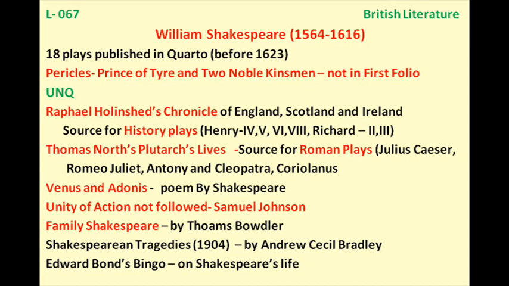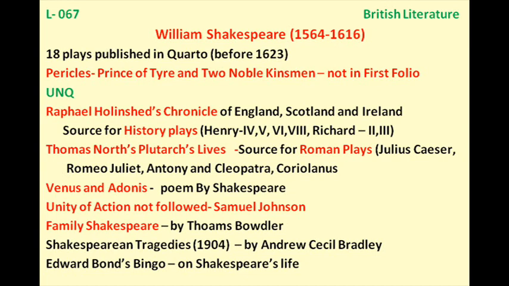Which were the 2 plays not included in the First Folio? Remember, the first is Pericles, Prince of Tyre, and the next is Two Noble Kinsmen. These 2 plays were not included. The remaining 36 plays were included in the First Folio. No narrative poem or sonnets were included in the First Folio. So we have simply 36 plays in the First Folio.